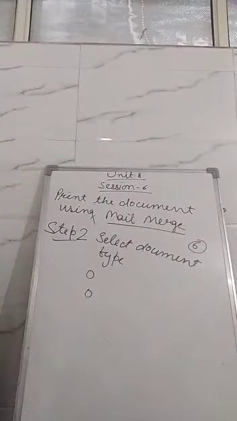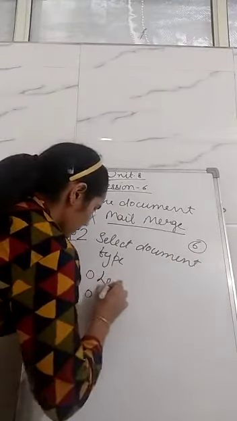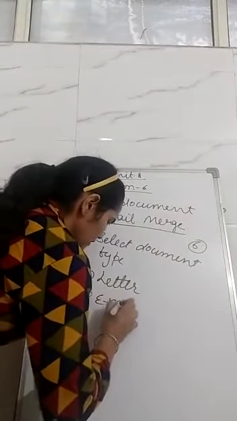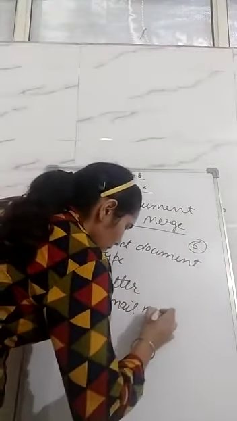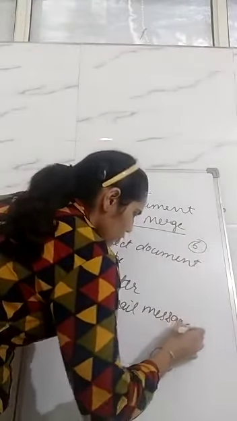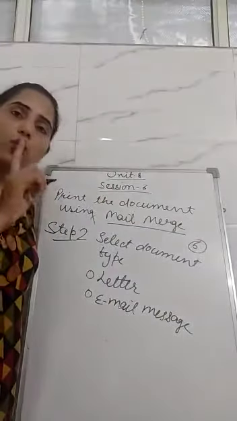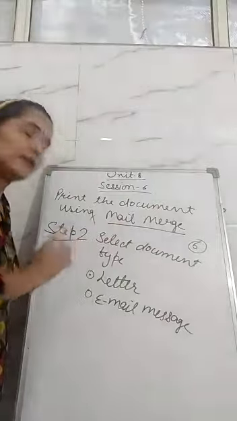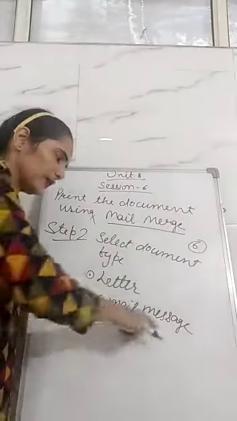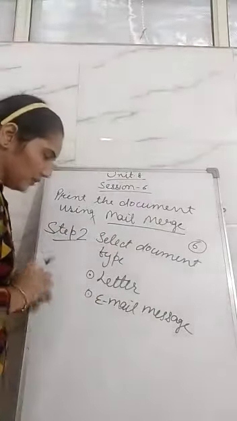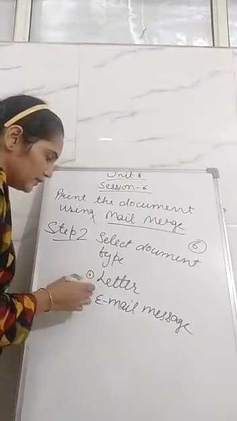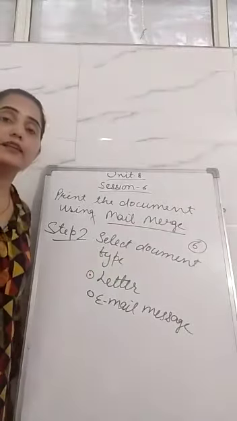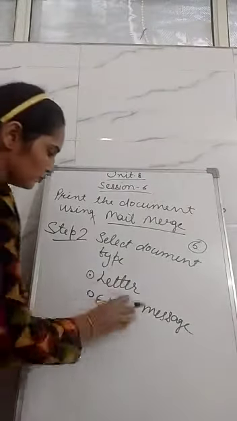First one is for letter and second one is for email message. Because right now we want to send one letter to many recipients, that's why we click on letters. But if we want to send mail, then we click on email. But in this session we do letters, that's why I select letter in step number 2.